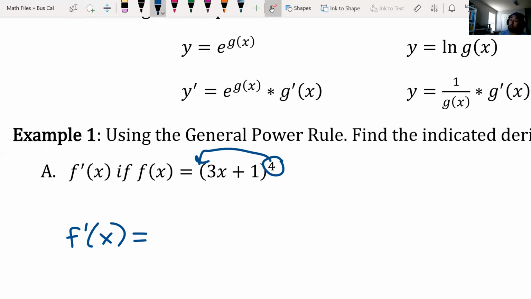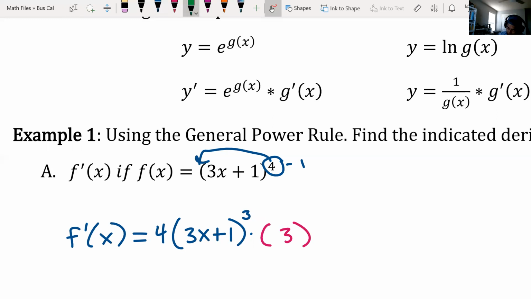So our chain rule derivative is going to be 4 times 3x plus 1, and we take 1 away from that 4. So you're going to get 4 times 3x plus 1 to the 3rd, and then you're going to multiply it by the derivative of the inside, which is going to be just 3.